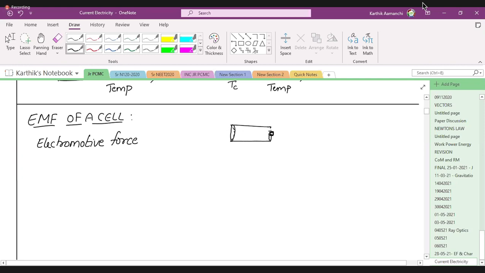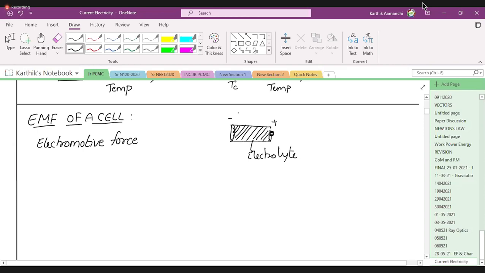Inside this new battery there is something called an electrolyte. This will be the positive terminal of the battery, and this will be the negative terminal.